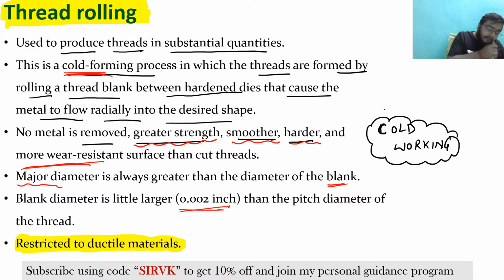Material is ductile, definitely, but is this process a cold working process? Right or wrong? If it is a cold working process, then whenever the process is cold working, I will be getting these kind of properties. Understood or not, Asis? Just let me know.